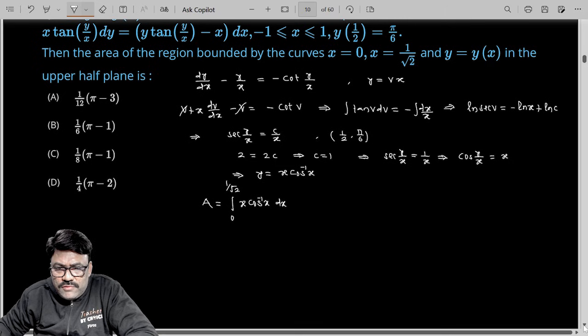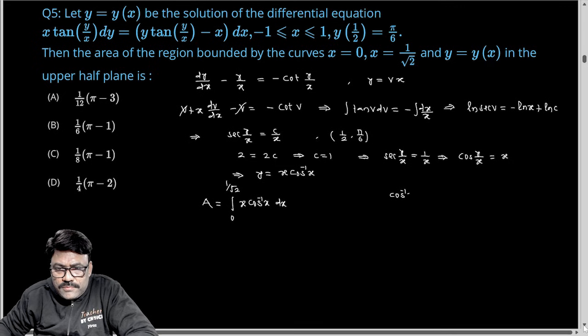So if I take cos inverse x as theta, so x will be cos theta. Dx will be minus sine theta d theta.